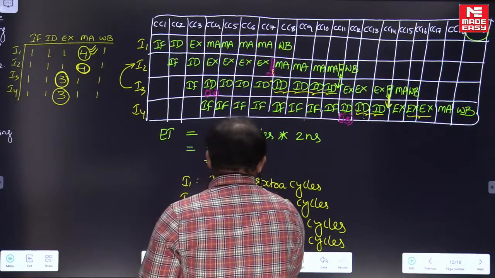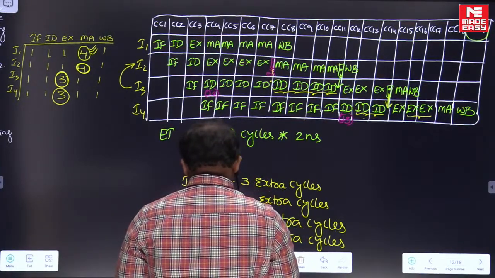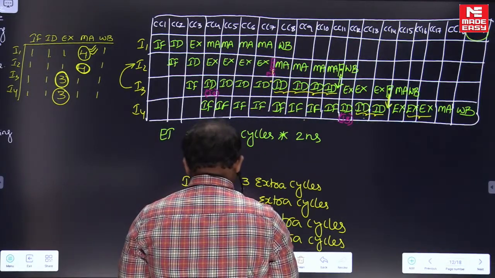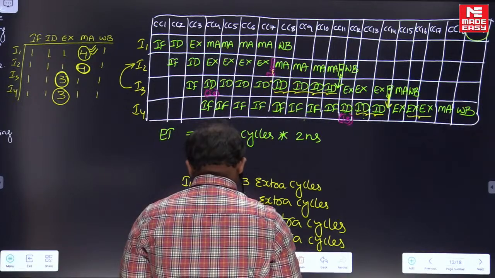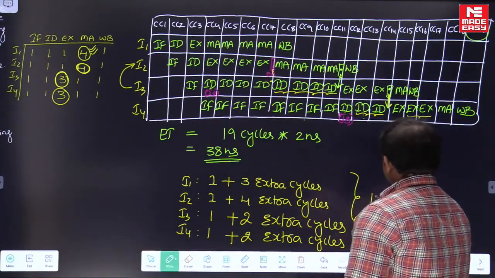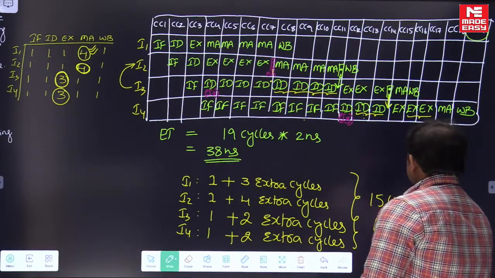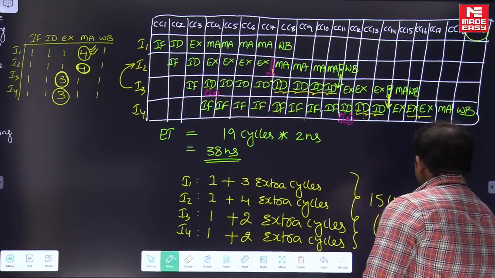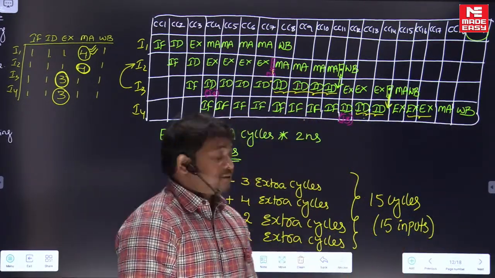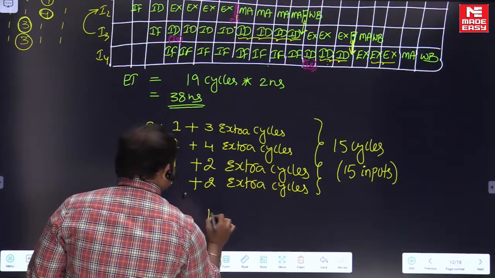Total count: 4 plus the rest, in total 15 cycles. 15 cycles means 15 inputs, because in every 1 cycle 1 input is there. Now apply the formula: k plus n minus 1.